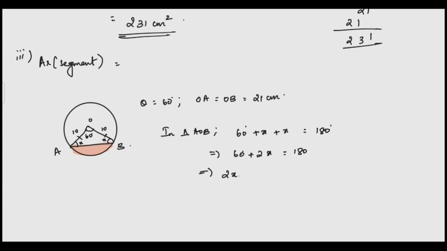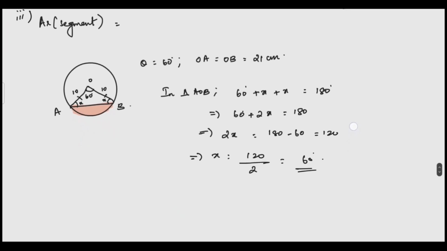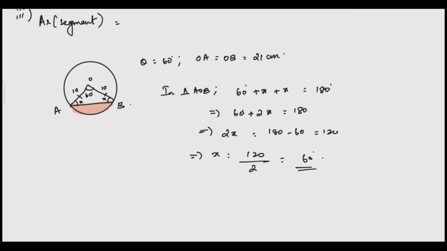Taking 60 to the opposite side, 2x is equal to 180 minus 60, that is 120 degrees. x is equal to 120 by 2, that is equal to 60 degrees. So we have received angle OAB and OBA as 60 degree, and hence we come to know that triangle AOB is an equilateral triangle.